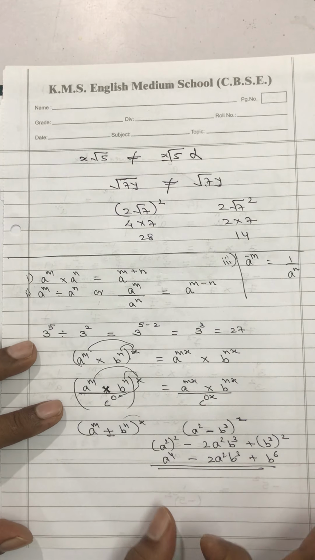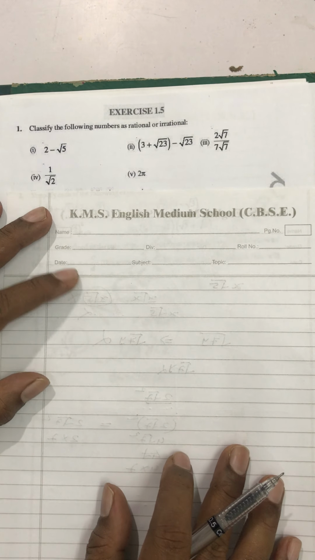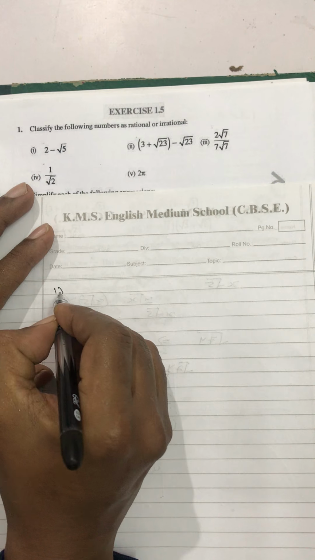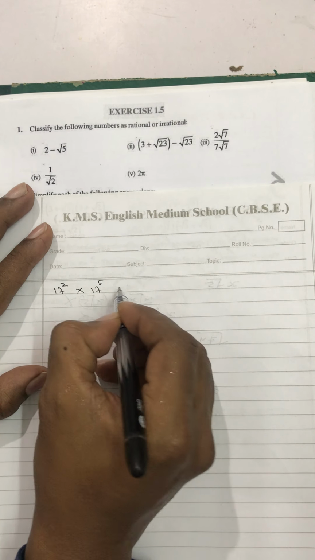Okay, my dear students. So similarly, we can take some examples now to solve. Supposing I have 17 square into 17 raised to the power of 5.